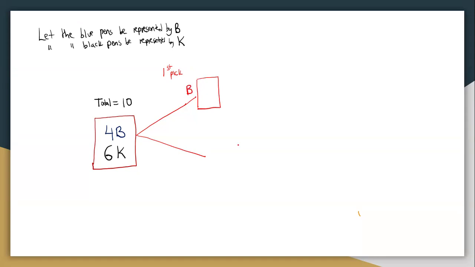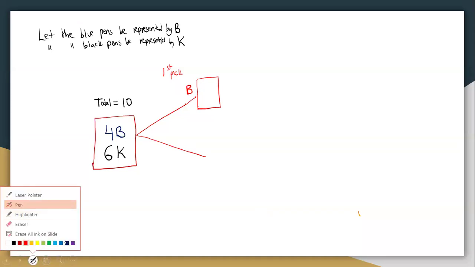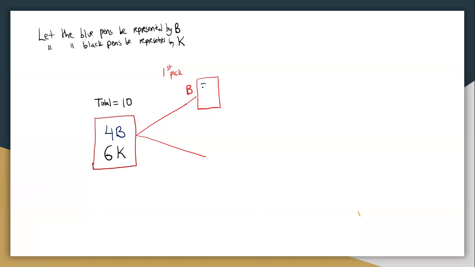Members, through the chat, if I pick the blue, how many blues are going to remain in the bag? Very good. We are going to remain with 3 blues. Let me put here 3 blues. What about how many black pens remain in the bag?